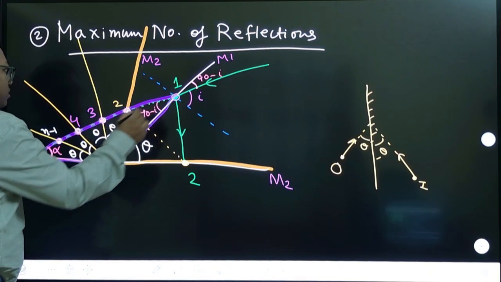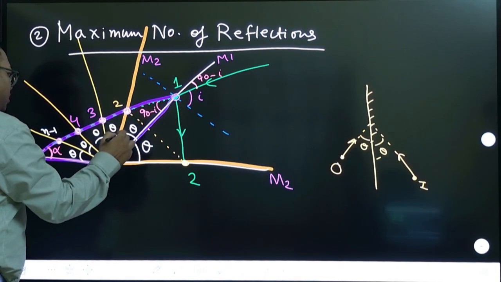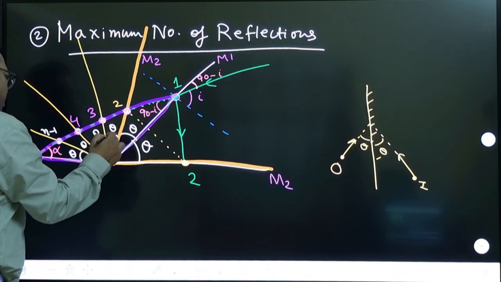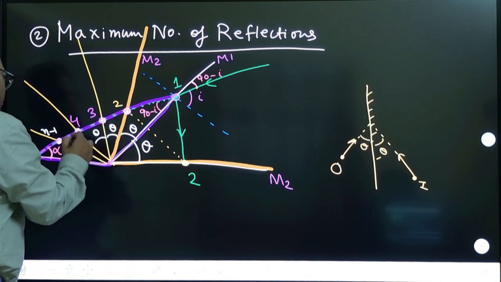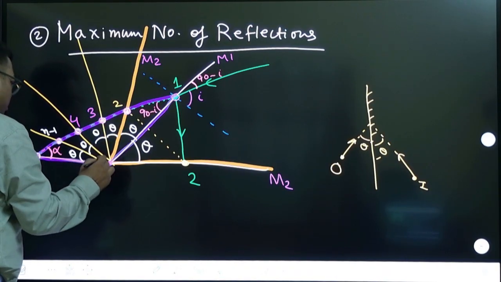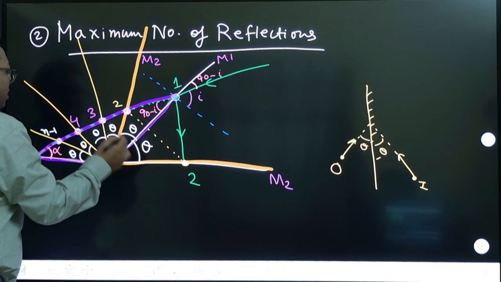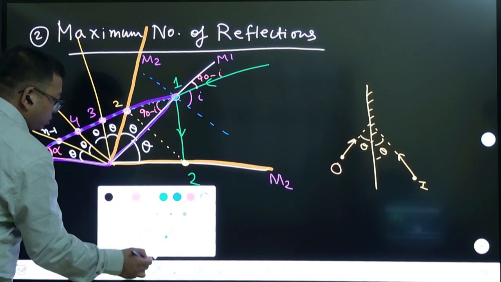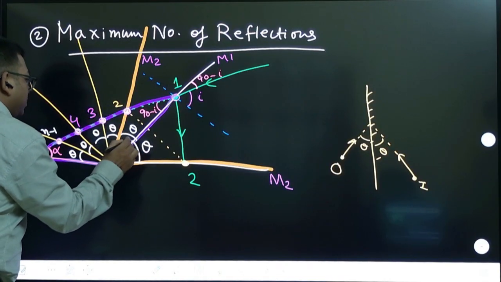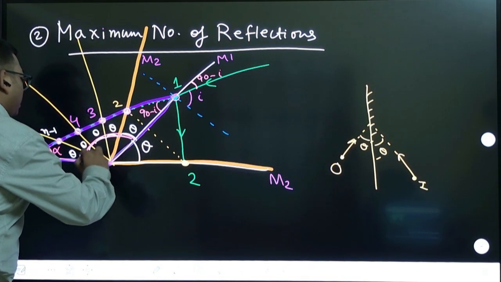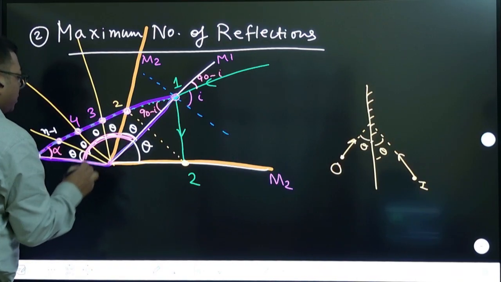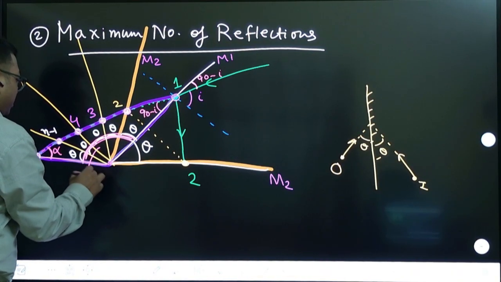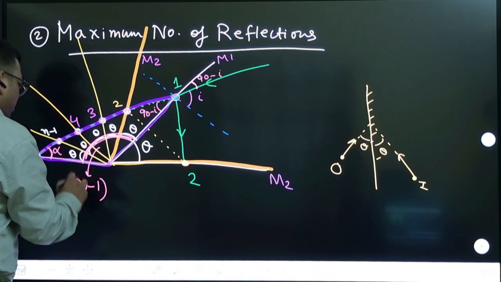Because between 1 and 2 there is 1 theta, between 2 and 3 this is second theta, between 3 and 4 this is third theta. So between n minus 1 and n there will be a total of n minus 1 theta. So this total angle, excluding the first theta, is n minus 1 theta. Okay, this total angle I am writing here as n minus 1 theta.